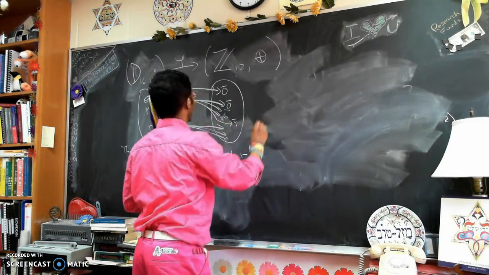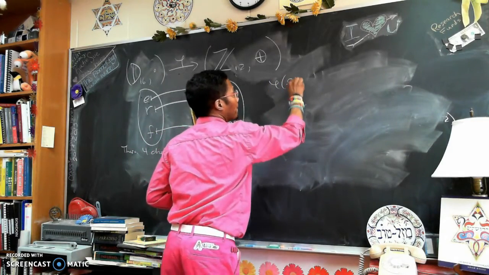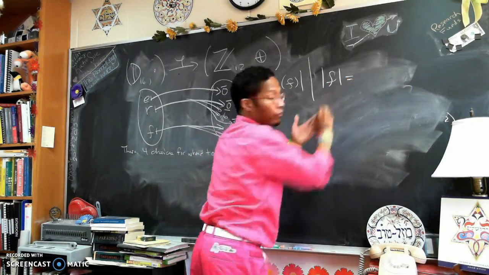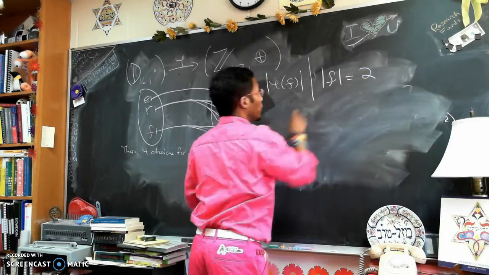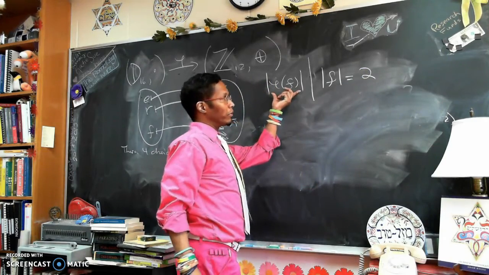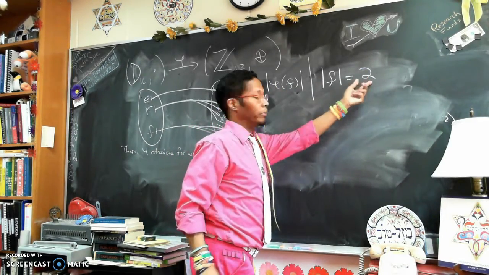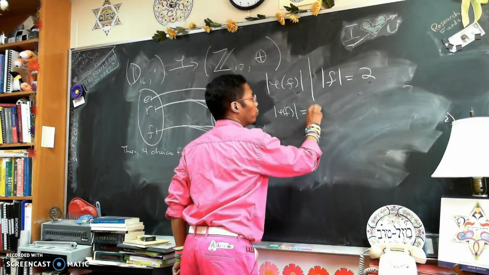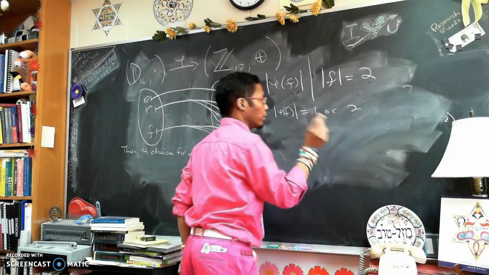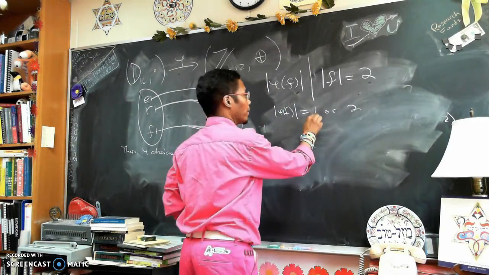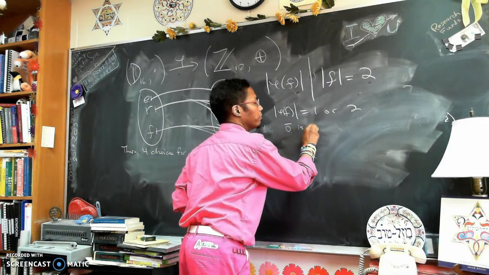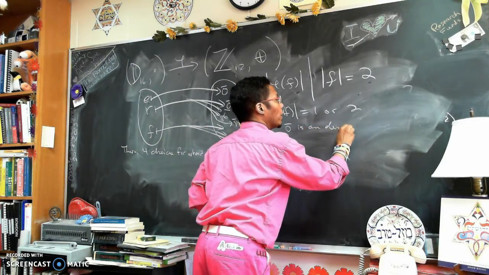So, phi of F, the order of phi of F must divide the order of F. The order of F is 2, clearly. So the order must be a positive number that divides 2. So it's either going to be 1 or 2. So phi of F, the order is 1 or 2. So where are the possible images? 0 bar is an element of order 1.